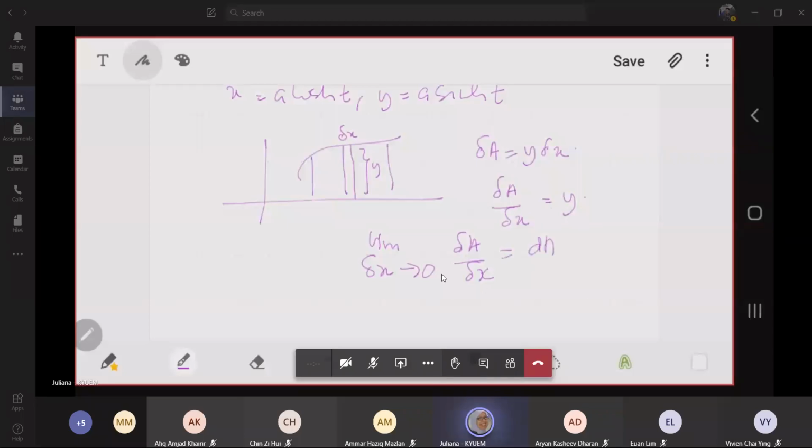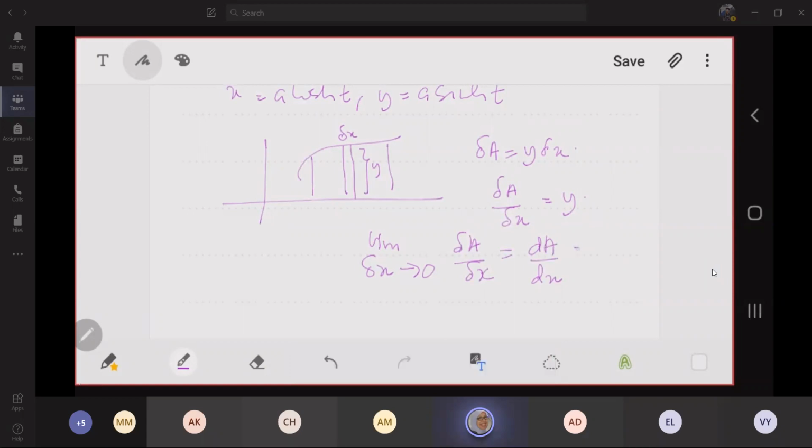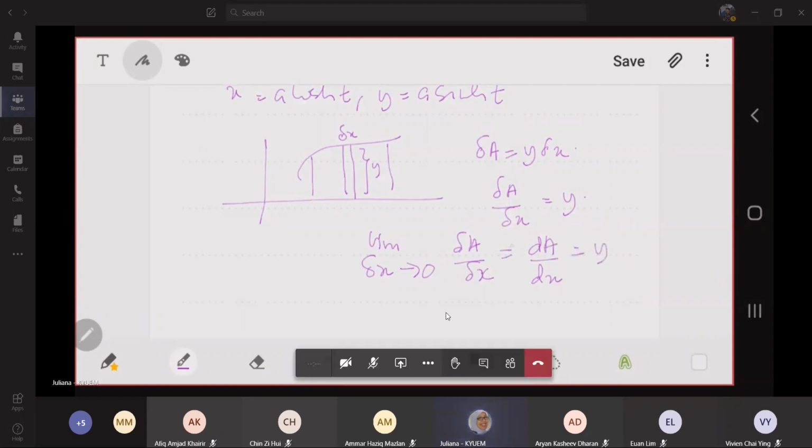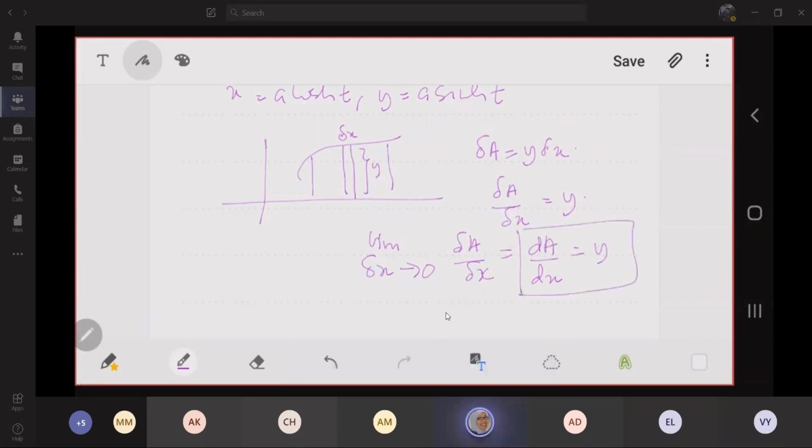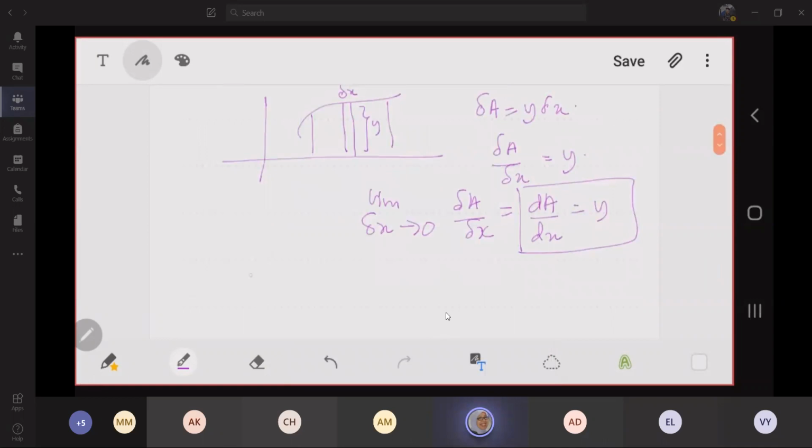equals dA by dx. Okay, and y. Okay, you get that? Alright, so then you have the area, delta A, 0 to A, is equal to y delta y dx.